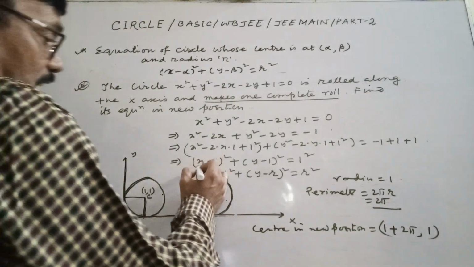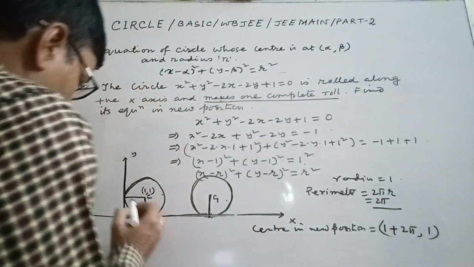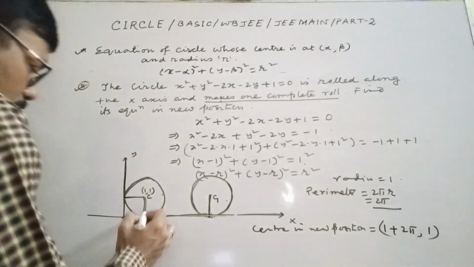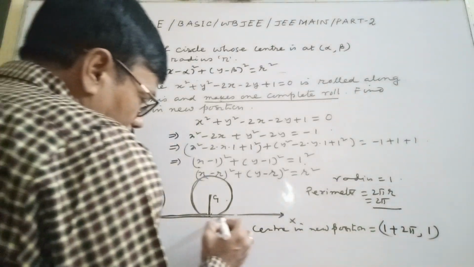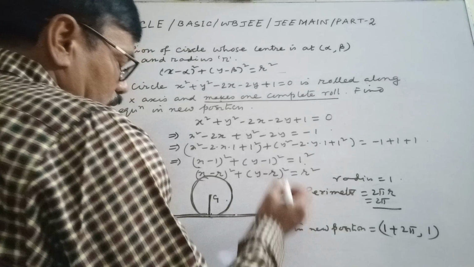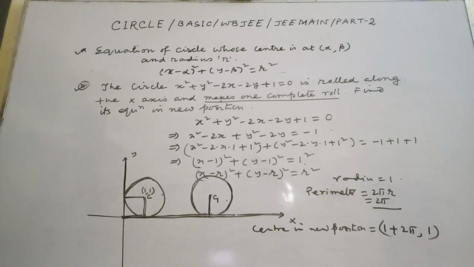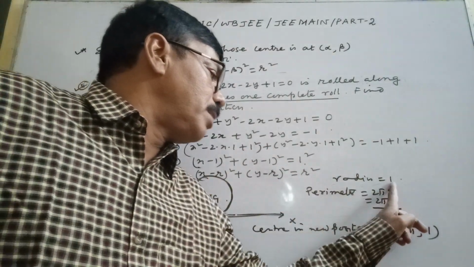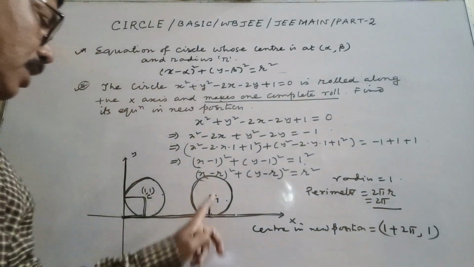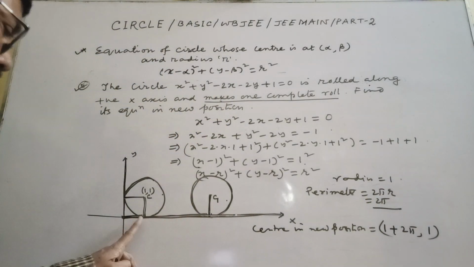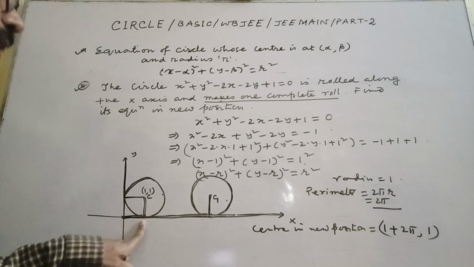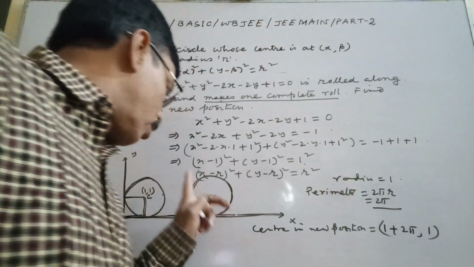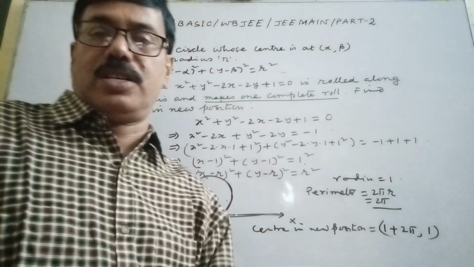So this is a special type of circle. It touches both the axes. Now it is rolled along the x-axis and it makes one complete roll. So what is the perimeter? 2 pi. So the center C1 will be the x coordinate of the first circle plus 2 pi. The y coordinate is the same, the radius is the same.